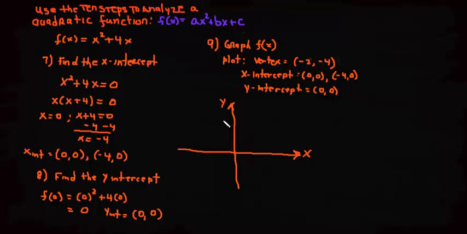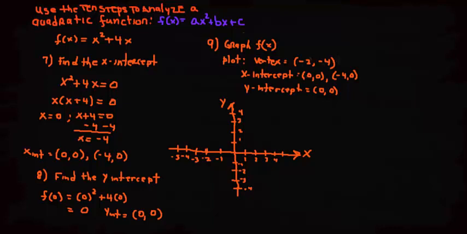X and y. So 1, 2, 3, 4, 5. So basically, we know this is 1, 2, 3, 4, and of course this is -1, -2, -3, -4, -5, and of course this is going to be -1, -2, -3, -4, and of course this is 1, 2, 3, 4, so forth and so on, right?